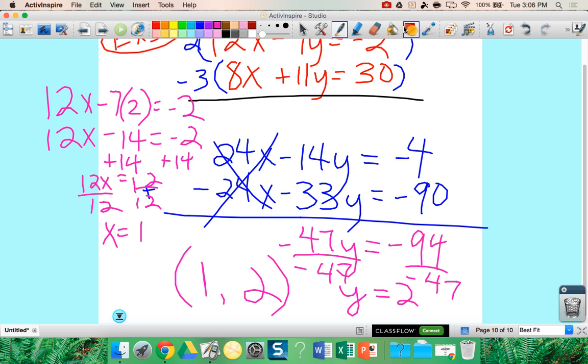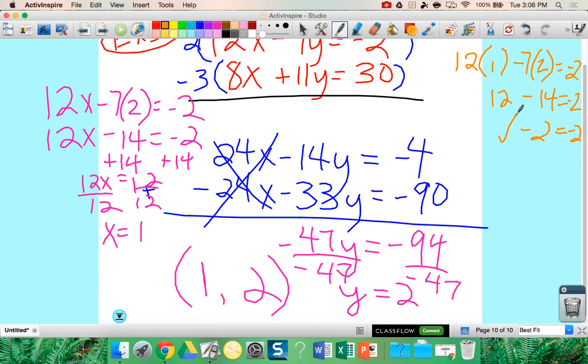Okay, so now we have our ordered pair, and we need to figure out if it really is the solution. So you're going to substitute that into both original equations. So 12x, that'd be 12 times 1 minus 7 times 2 equals -2. 12 minus 14 equals -2. -2 equals -2.